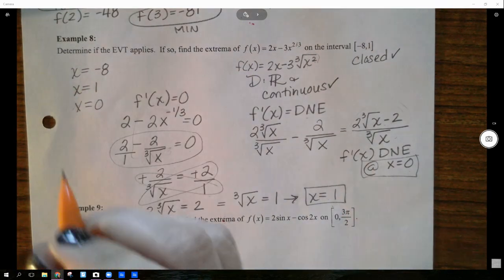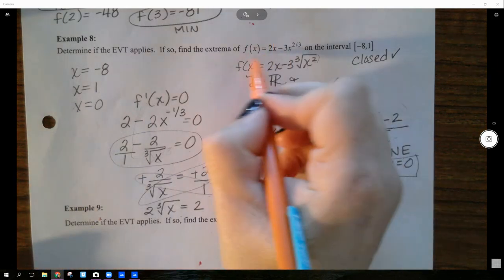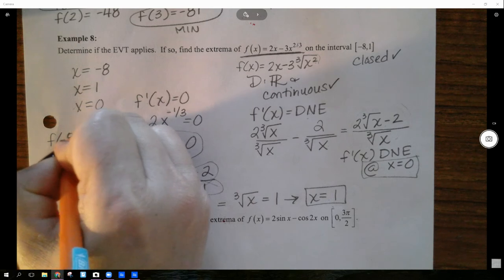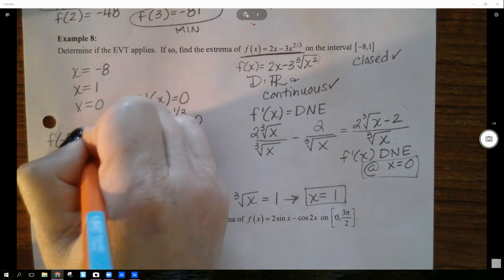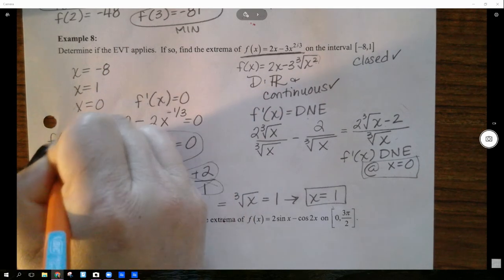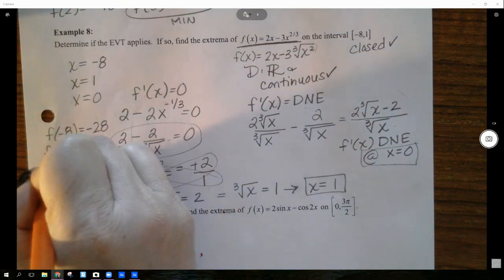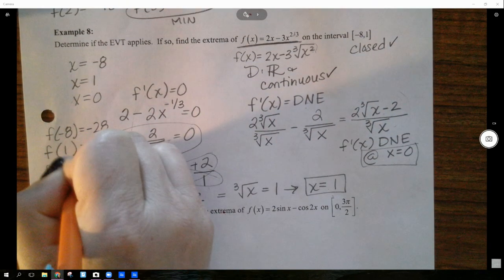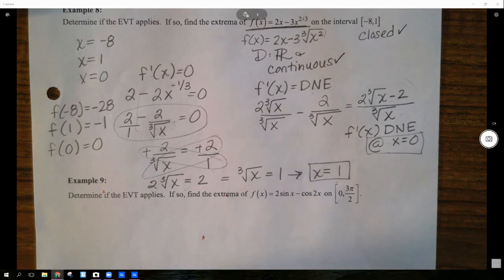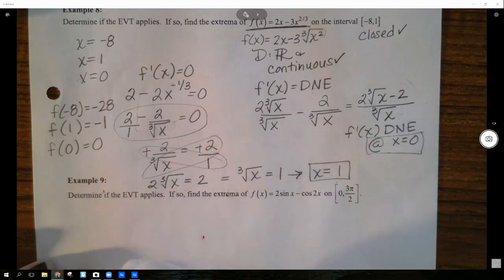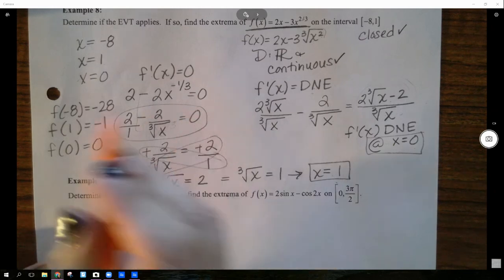And now you're going to plug them into the original function, okay? So f of -8 gives you -28. F of 1 gives you -1. And f of 0 is just 0. So the biggest answer is your maximum, and the smallest answer is your minimum.